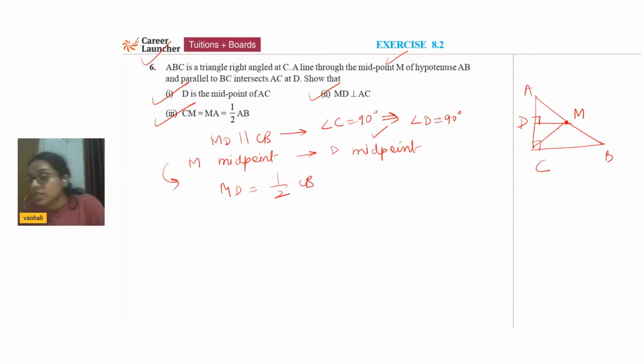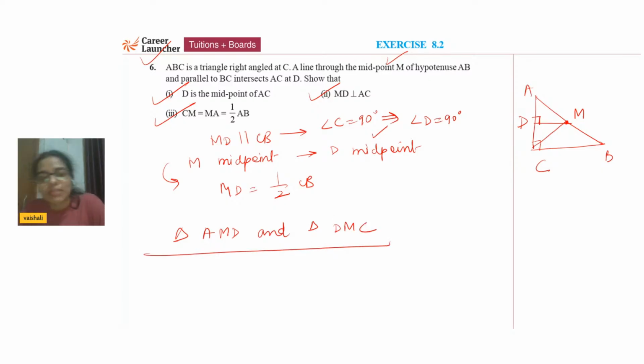If you're joining C to M, now focus on the triangle AMD and the triangle DMC. Now try to see कि क्या similar है so that I can prove that these two triangles are congruent to each other and I can imply my CM is equal to MA. Now focus, my angle D is equal to angle D which is 90 degree.